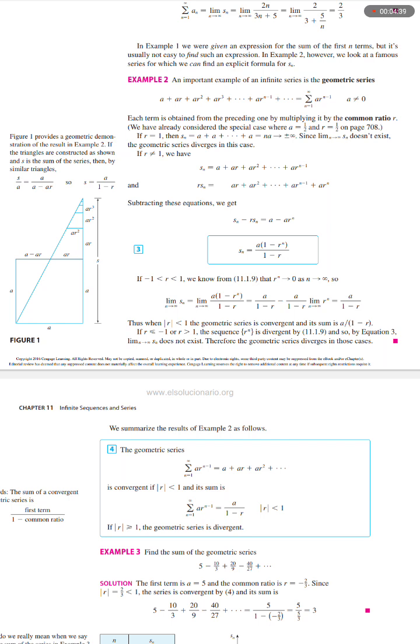And RS sub n equals AR plus AR squared plus ellipsis through AR to the power n minus 1 plus AR to the power n. Subtracting these equations, we get S sub n minus R S sub n equals A minus AR to the power n.